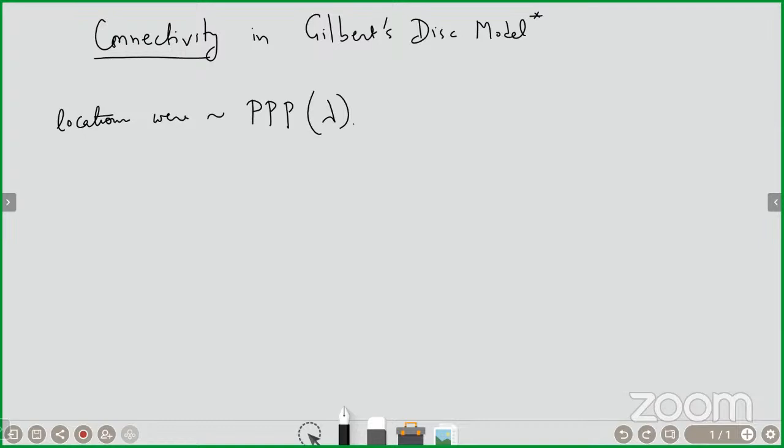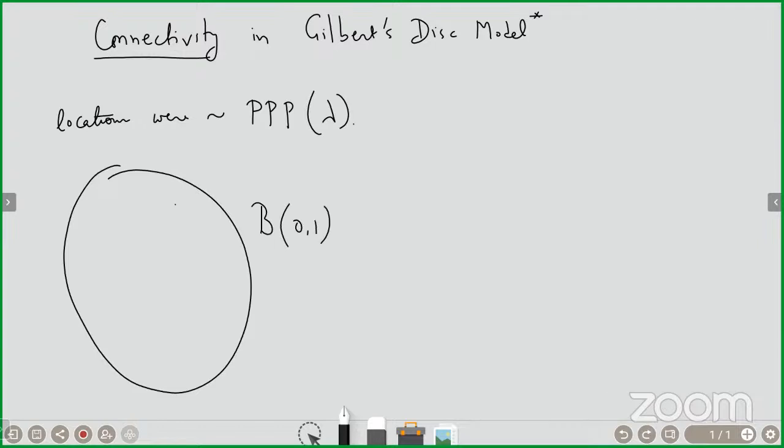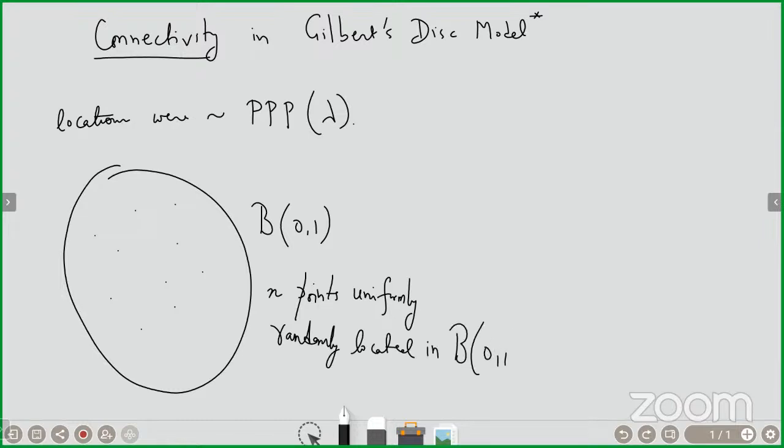So instead, what we'll do is we'll consider a disk of radius 1 and we consider n endpoints, uniformly randomly located in B(0, 1).